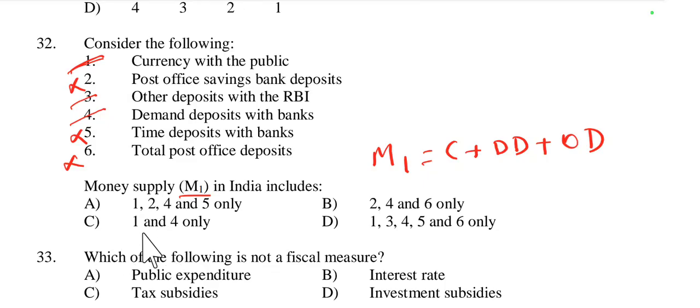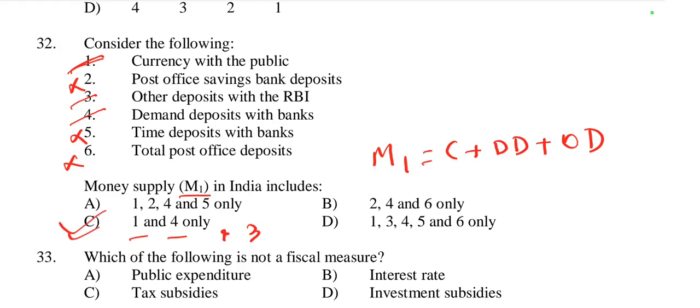Among the given options, option C says 1 and 4 only, but the right option for M1 is C plus DD plus OD: currency held with the public, demand deposits with banks, and other deposits with RBI. So options 1, 4 and 3 are included.